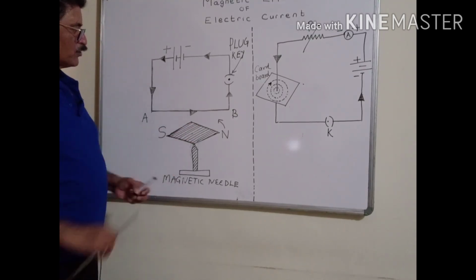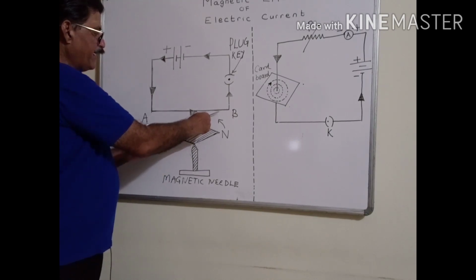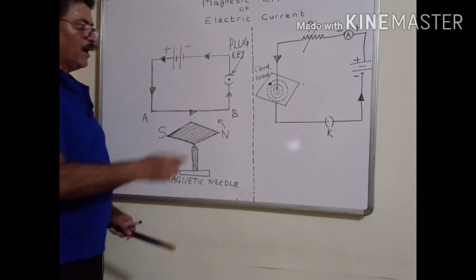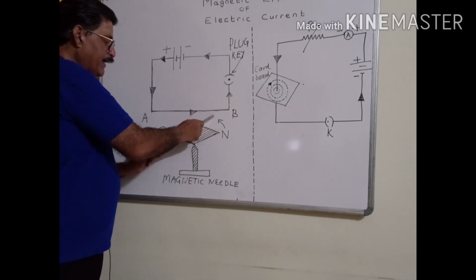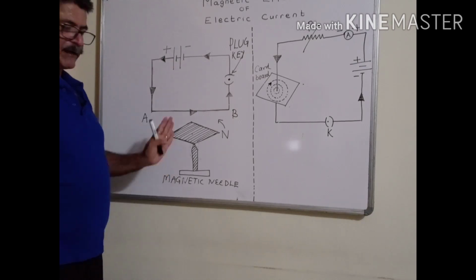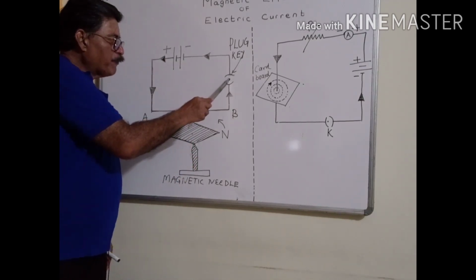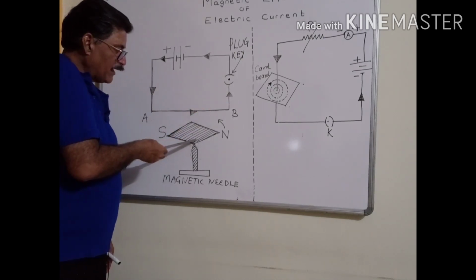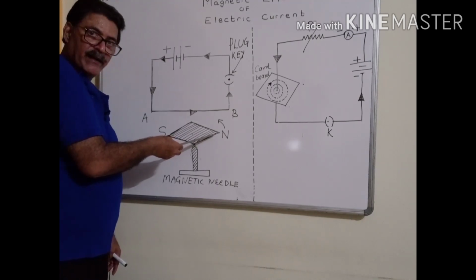Can you see this? When you take out the plug key, the magnetic compass needle comes back from its deflected position to its original position. Again you insert the plug key, and you will find that the magnetic needle gets deflected. That means this is very clear: when you put in the plug key, a current is flowing and that current is causing a deflection in the magnetic compass needle, right?